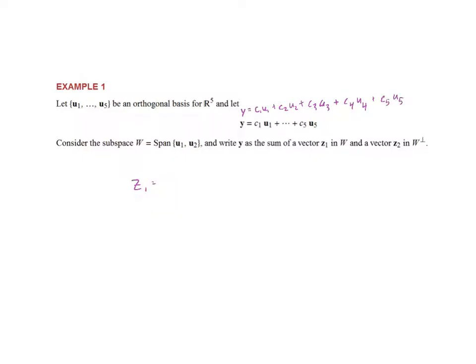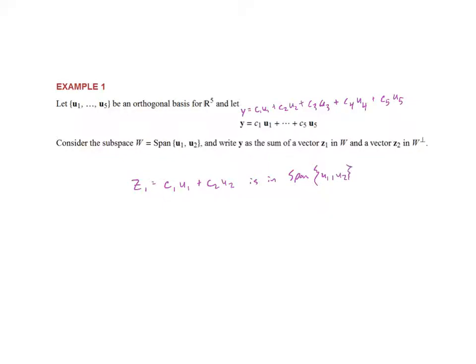That's the linear combination of those basis vectors. Okay, so we're going to say that z1 is equal to c1 u1 plus c2 u2, and that is in the span of u1, u2.